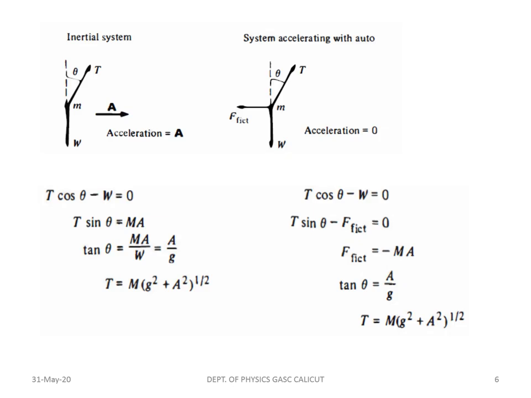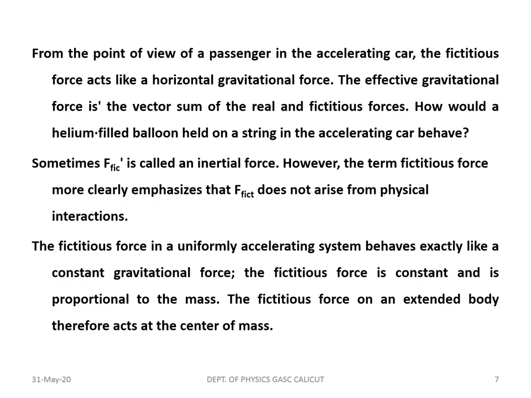Similarly, if you do the same calculations, assuming you are sitting inside the car and measuring the tension, you will get the same value of tension. So we conclude that from the point of view of a passenger in the accelerating car, the fictitious force behaves like a horizontal gravitational force.